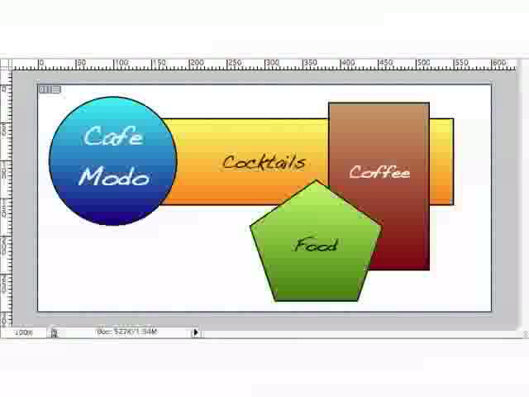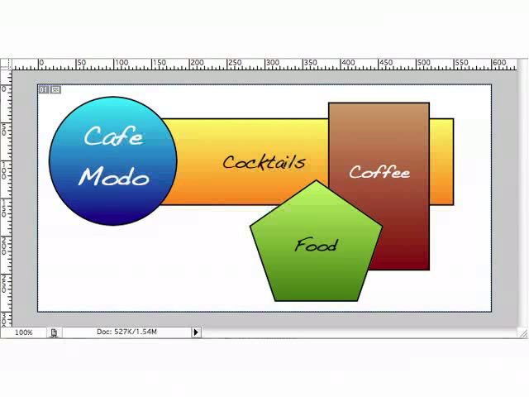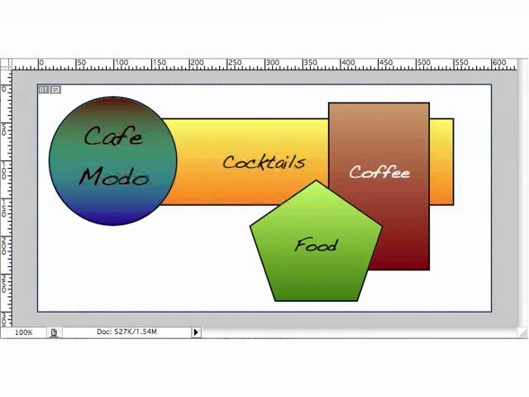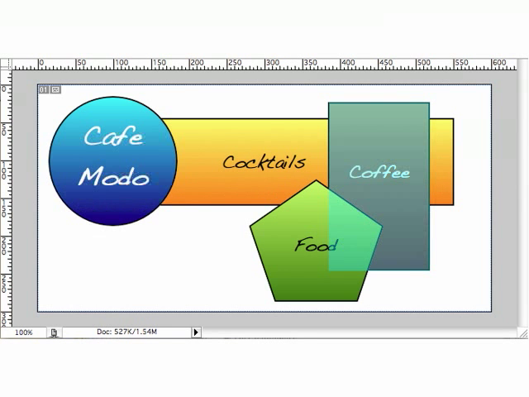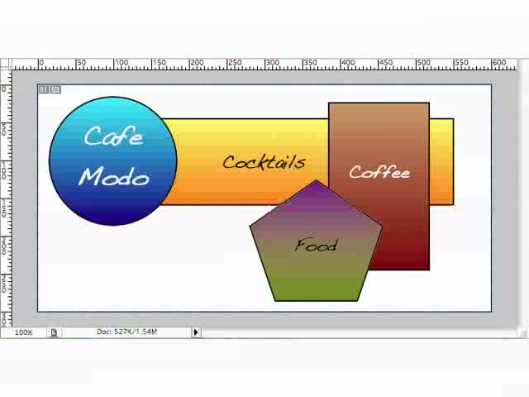And depending on where the user clicks in the navigation bar, they'll go to one of 4 pages. Clicking on cocktails takes the user to cocktails.html. Clicking on the Cafe Modo circle takes the user to modo.html. Clicking on the coffee area will go to coffee.html, and clicking on food will go to food.html.